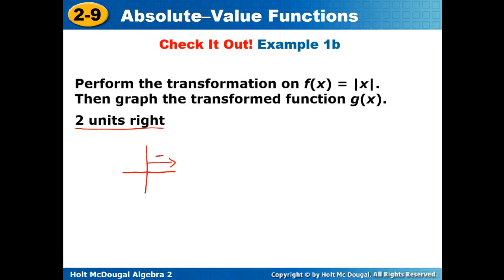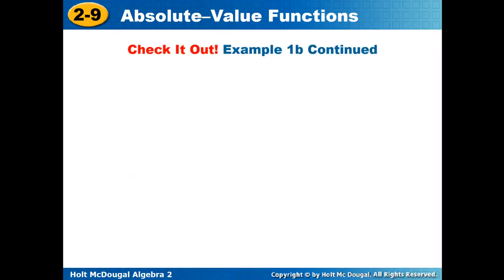That means we're going to actually be putting a minus sign on it. So our x is going to be x minus 2, and it has to stay together. We're going to keep that inside our absolute value together with our x. So our new function is just going to be g of x is equal to absolute value of x minus 2.